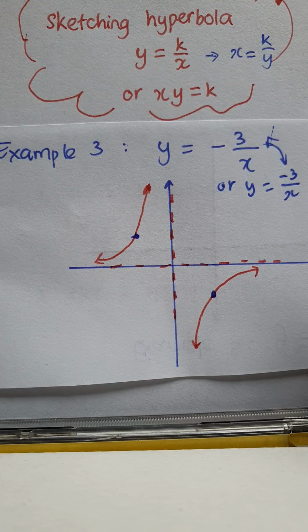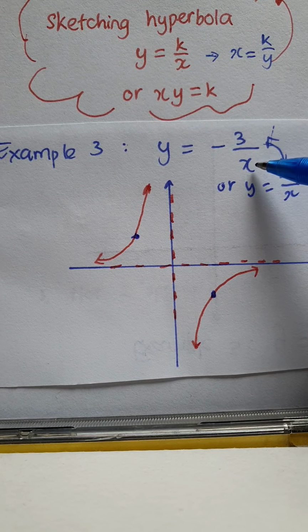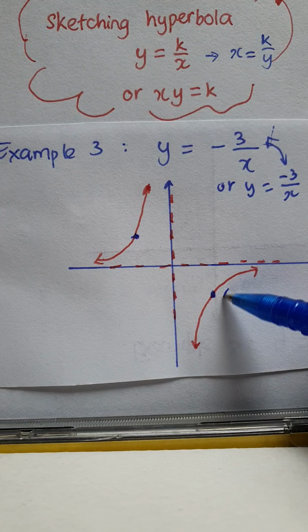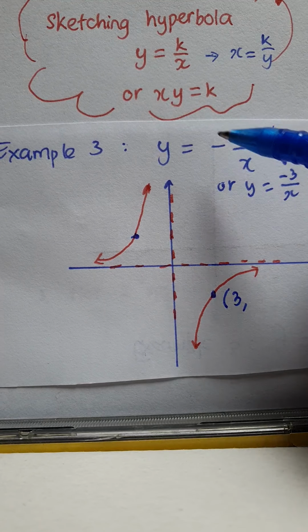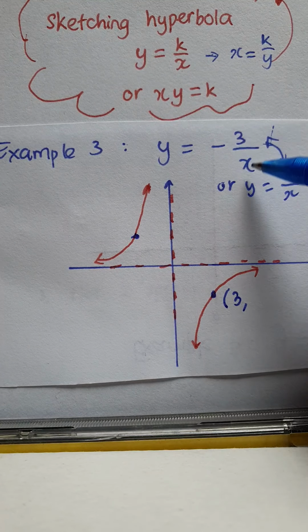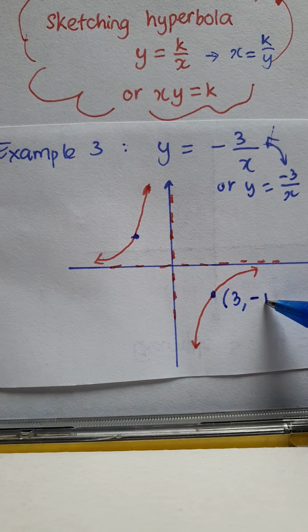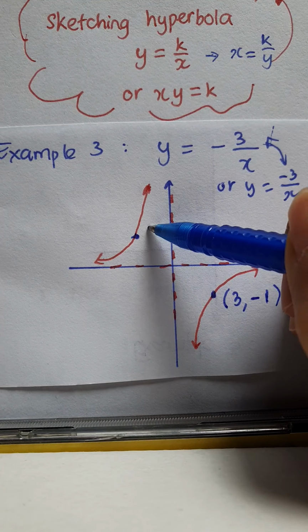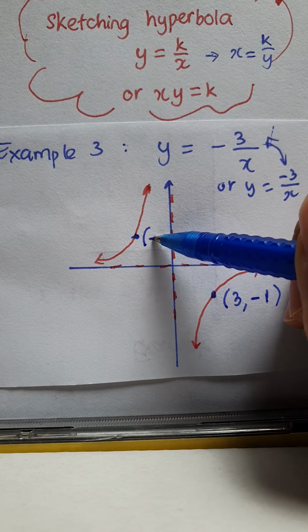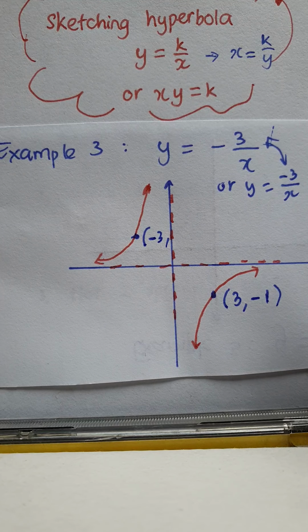The points we're going to use are when x equals 3, because when you take 3 divided by 3, you have 1. So here, when x equals 3, negative 3 divided by 3 will give you negative 1. Be careful with that. Over here, this is x equals negative 3. When x is negative 3, y is 1.